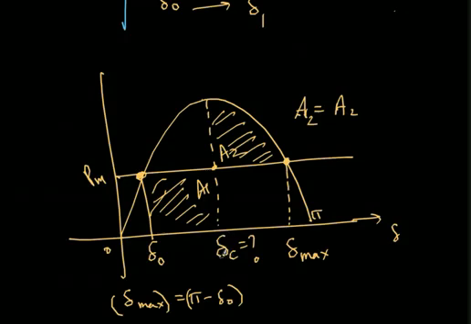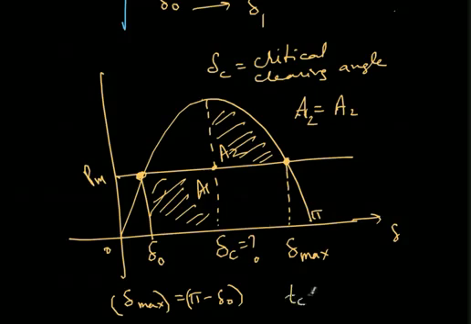So delta C is the critical clearing angle, and associated with it will be the critical clearing time, TC. These two quantities I would like to find out, so this is the video for doing that.